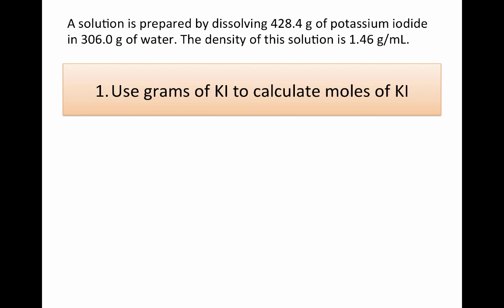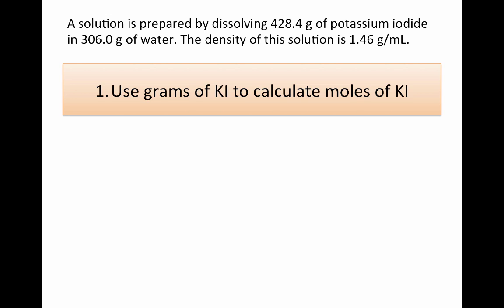Okay, so here's step one of our plan. We're actually going to go through and do the calculations now. Use the mass of the KI in grams to calculate moles of KI. So we know that there are 428.4 grams of potassium iodide. And so what we need to do is convert that to moles. Anytime you convert from grams to moles, you're going to use the molar mass.